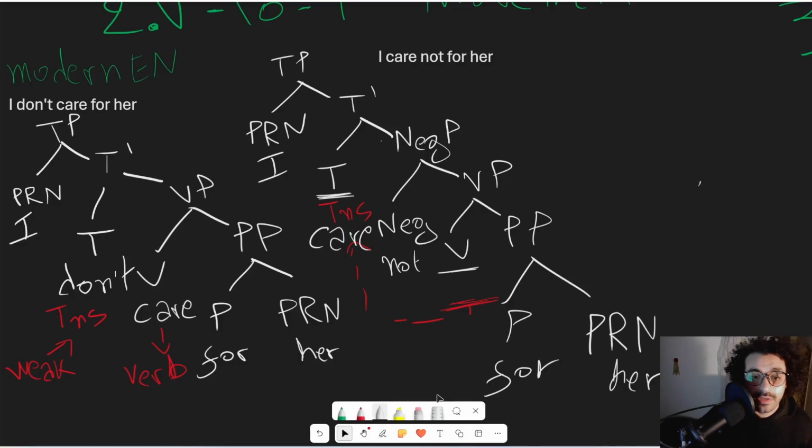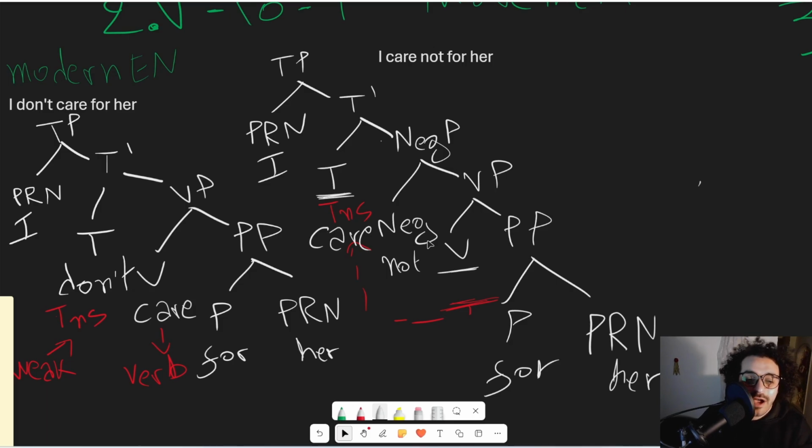Okay, so those are two things I wanted to talk about: the V to T movement and then the T to C movement. There's something that might happen in the syntax, and that's when you combine both of them. Both movements can combine. Obviously, we can't really combine them in modern English because we don't have the V to T the way it used to be. But if we look at another sentence from Shakespeare, we can see that those two movements were actually combined.